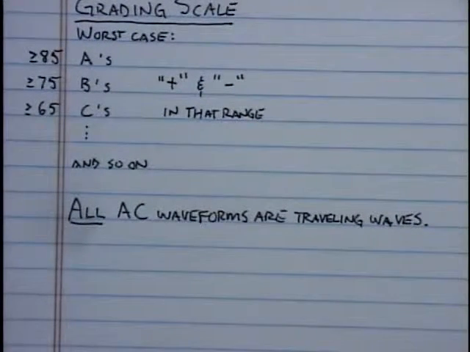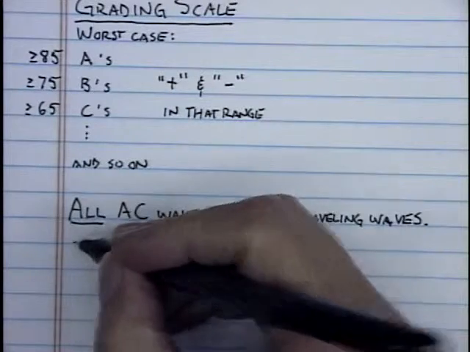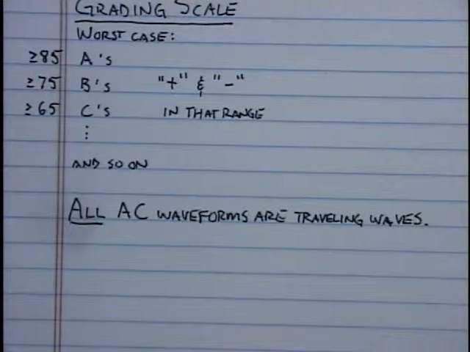Any AC waveform is, strictly speaking, a traveling wave. Why don't we worry about traveling wave effects and wave effects in general when you deal with regular AC circuits in, let's say, circuit analysis 1 and circuit analysis 2, 3300 and 3301 and so on?